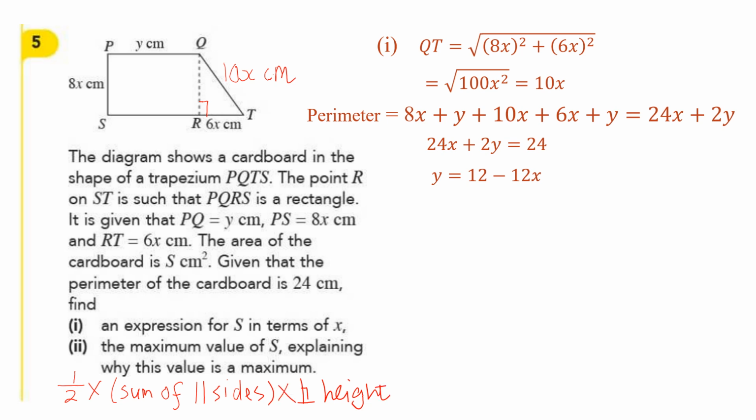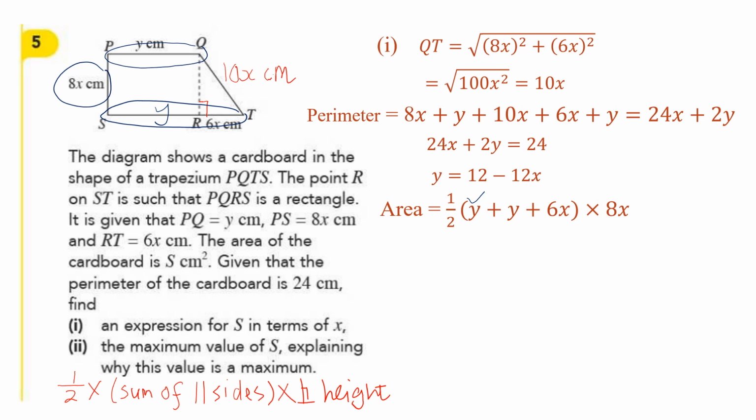Right, so therefore area is equal to half. This one are your two parallel sides, which is y, this is y plus 6x. The perpendicular height will be this one here, 8x.